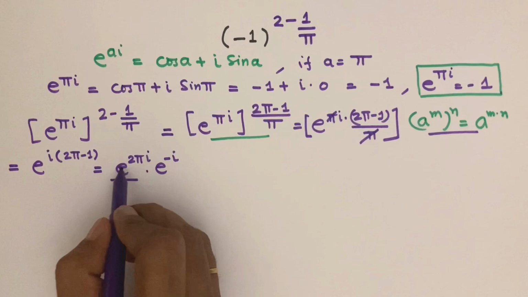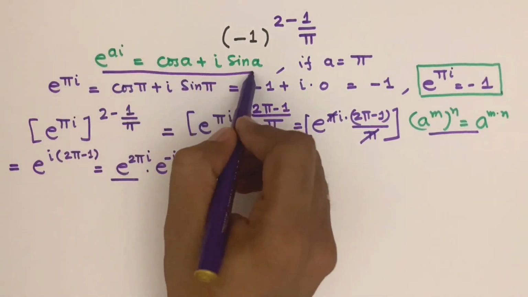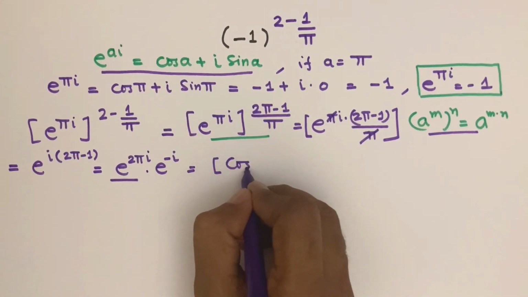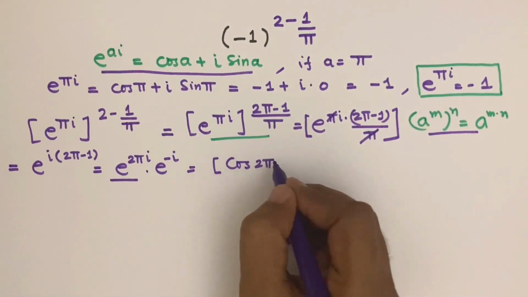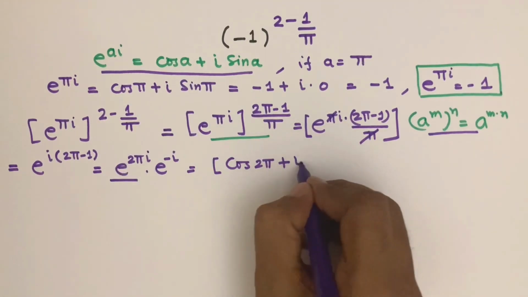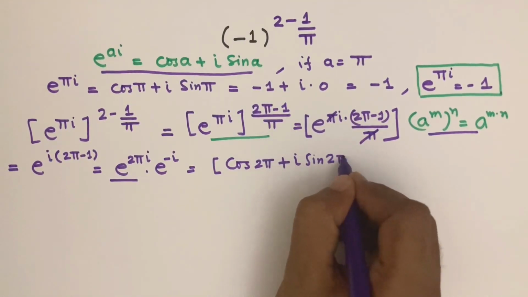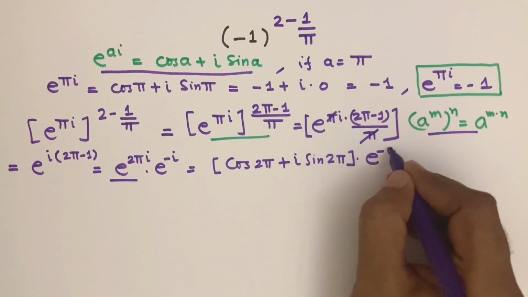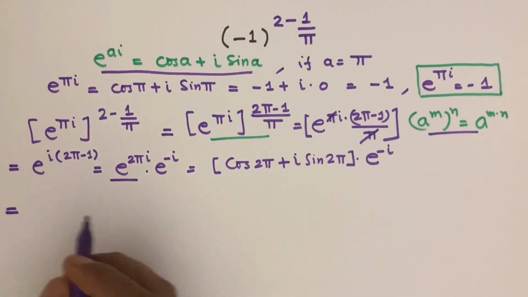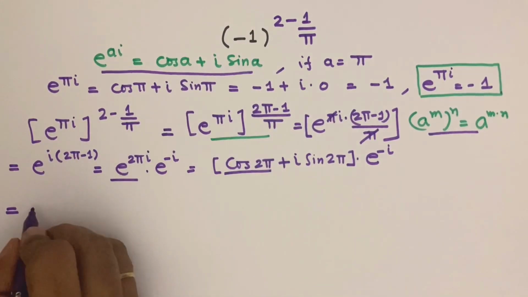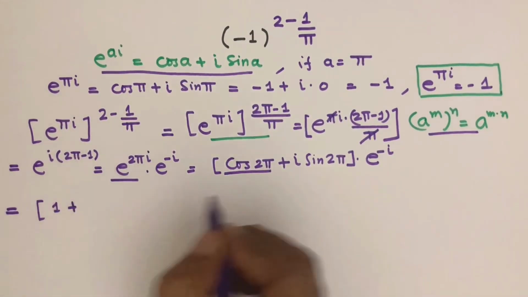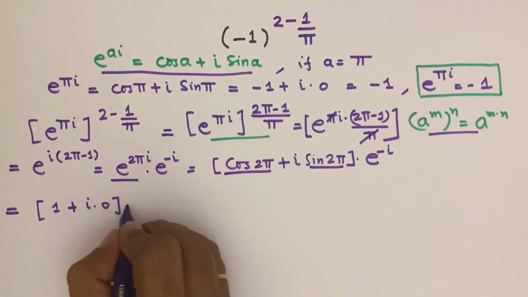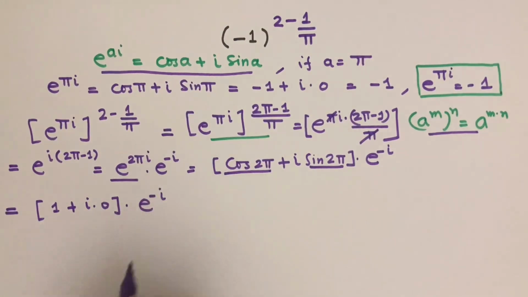Now solve e^(2πi) using this rule. So this becomes (cos 2π plus i sin 2π) multiplied by e^(-i), which equals, as we know, cos 2π is 1, plus i multiplied by sin 2π is 0, multiplied by e^(-i).